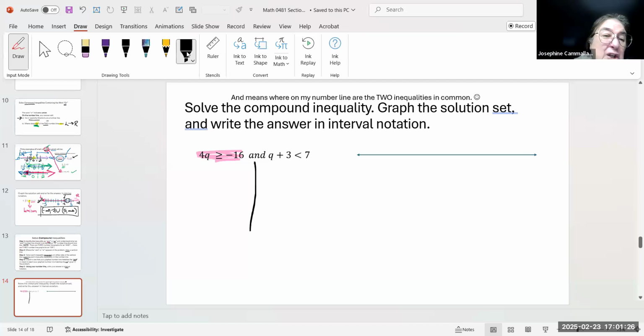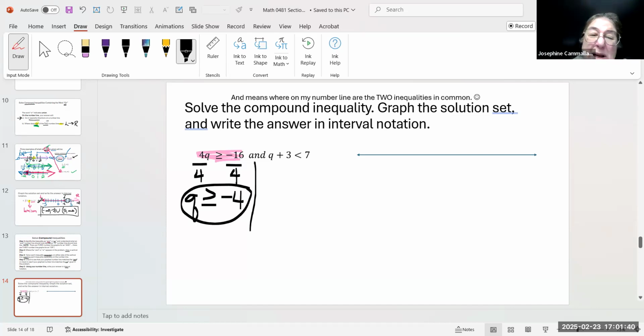Now, Q is positive, so I'm dividing by 4, and Q is greater than or equal to -4. This is what I'm going to graph on this wonderful number line.